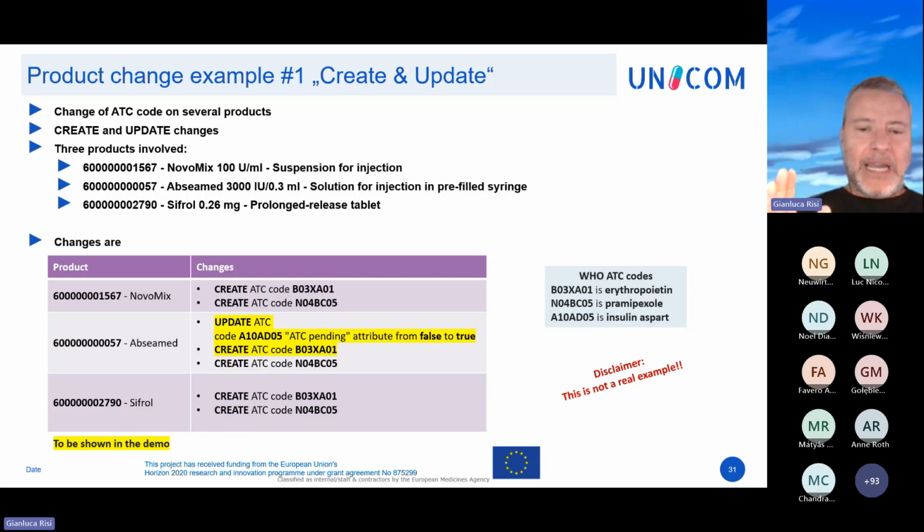This is because if I want to propose a new value for something, this value will be propagated to all the medicines the change is affecting. And then on the second element, we also want to make an update on the ATC code A10AD05, changing its ATC pending attribute from false to true.